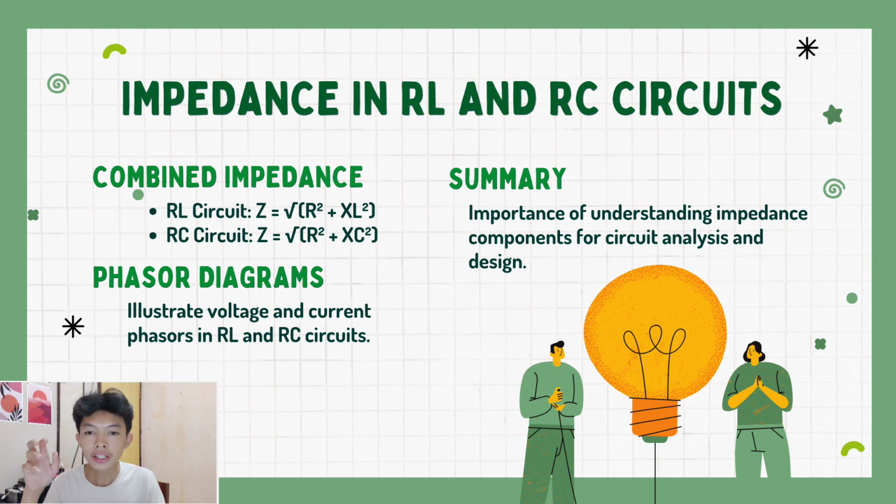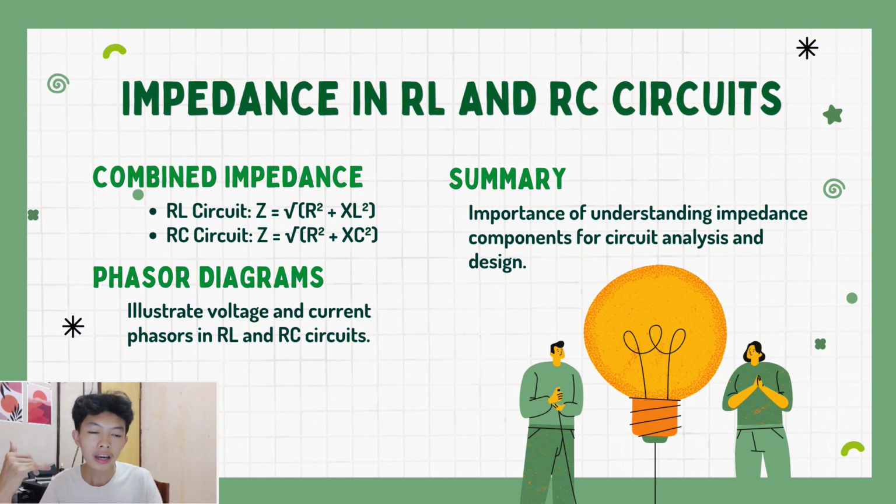For the RC circuit, this has both a resistor and a capacitor. The total impedance Z is equal to the square root of R squared plus XC squared. So this current leads the voltage. Now for the phasor diagrams, these are the pictures that show how the waves of voltage and current look in these circuits.